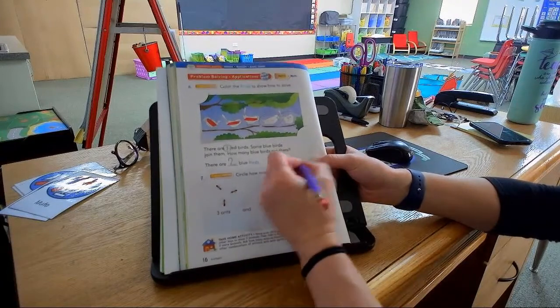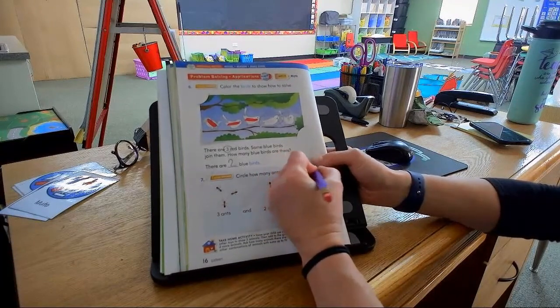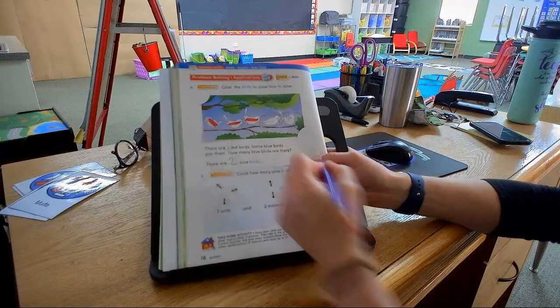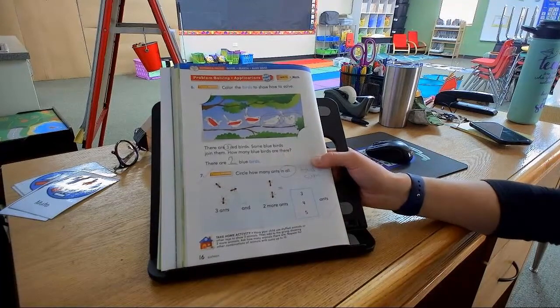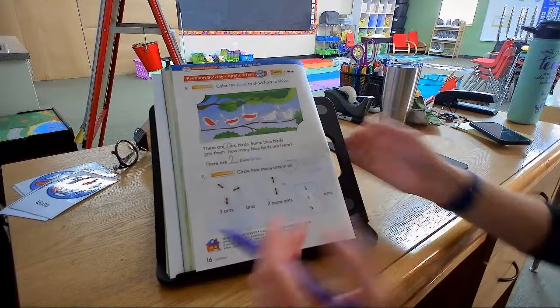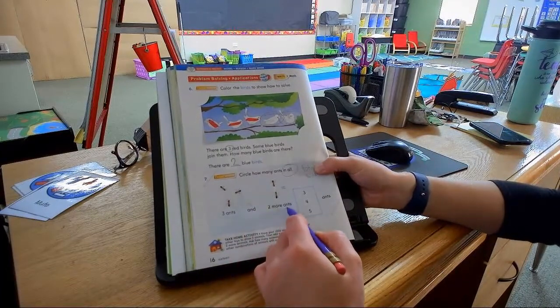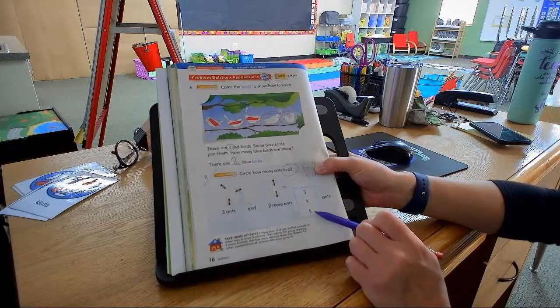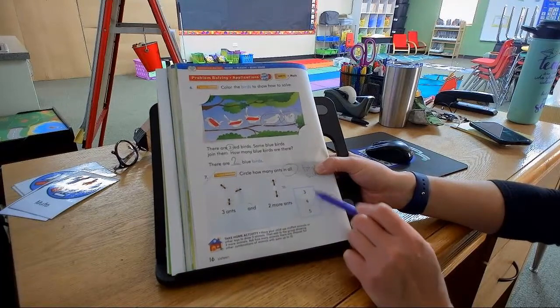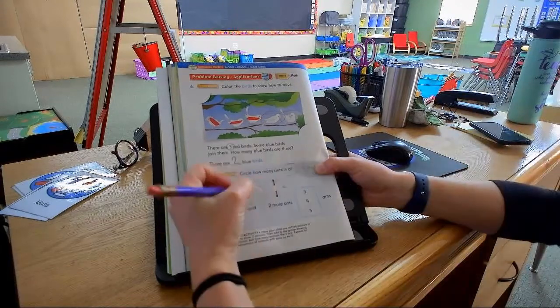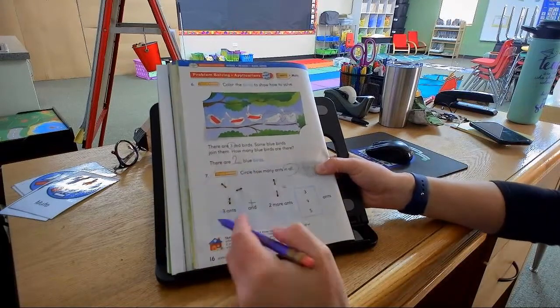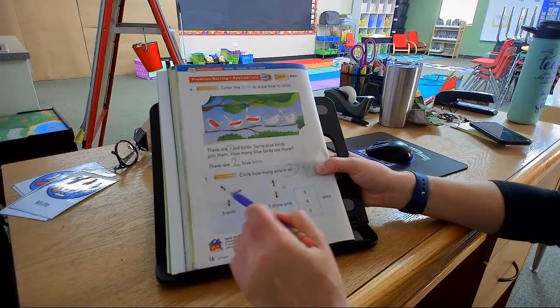So remember, all means total or sum. All together. 3 ants and 2 more ants. There's 3 choices for you to pick. You need to choose the correct answer for this. And means plus. 3 ants. 1, 2, 3.